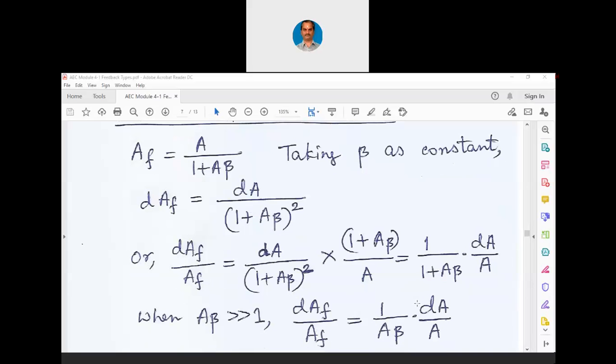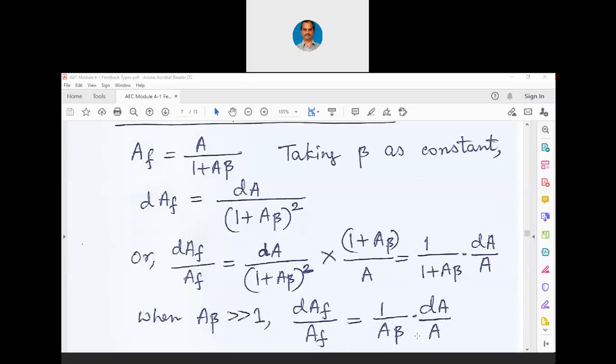Now when A beta is much larger than 1, dAF by AF is going to be 1 by A beta into dA by A. We can ignore this particular term 1 with respect to 1 plus A beta. Now you can see that the differential of the feedback gain is 1 by A beta times the differential of the open loop gain.